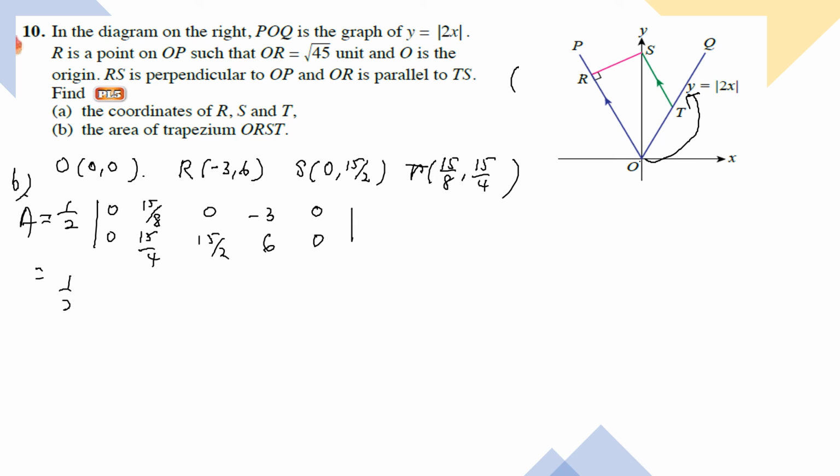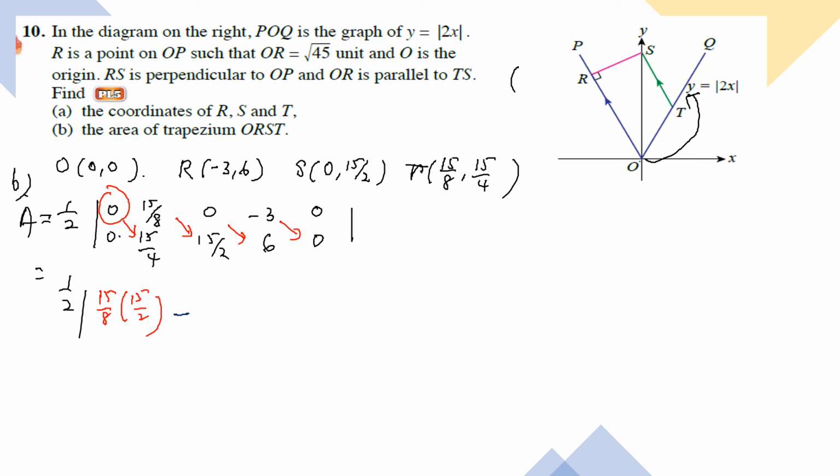So we start from the top: 0 times this one, 15 over 8 times 15 over 2. So this is 0, this is 0. Then from the bottom we do minus.